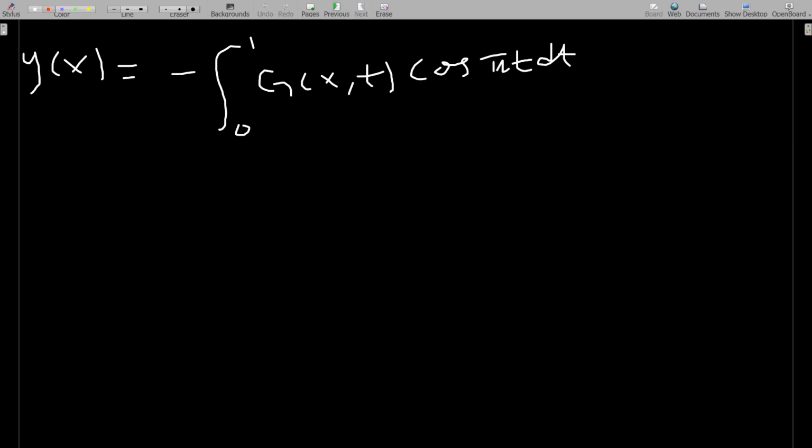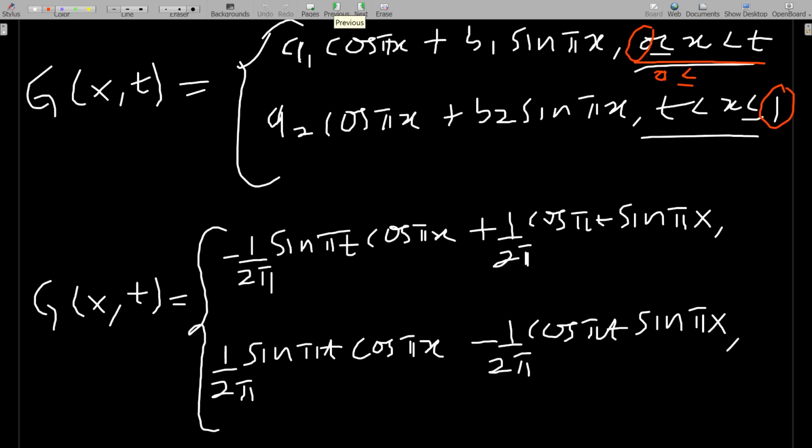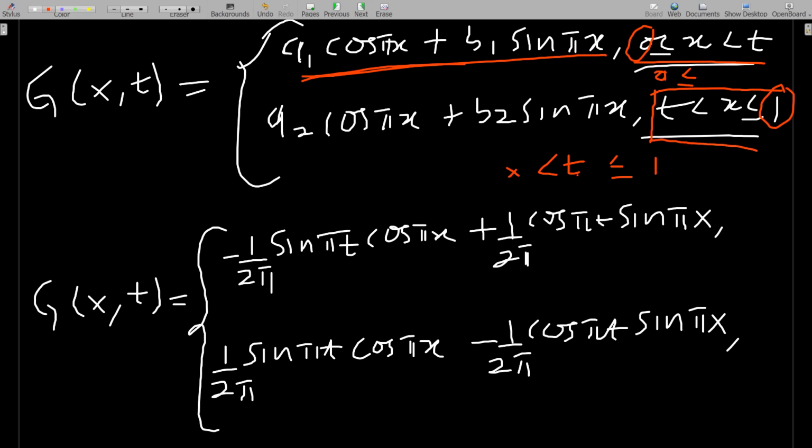What you can also do, if you don't want to confuse yourself with changing the limit and the rest, is pick this one and integrate using this limit. The limit t will be within x and less than or equal to 1. So you pick the first one, you take the second range for it, and you pick the second one, you take the first range for it, if you don't want to be changing the t and the x.